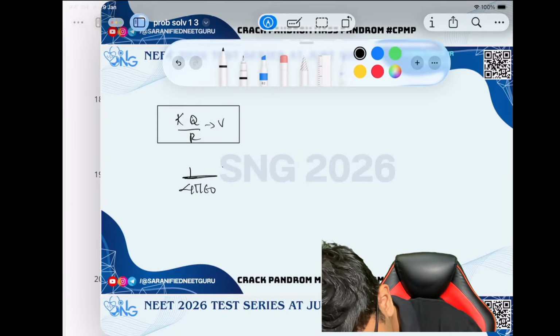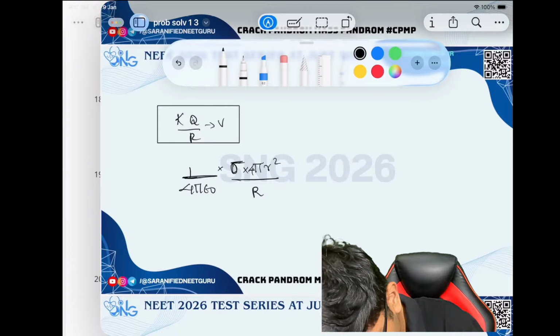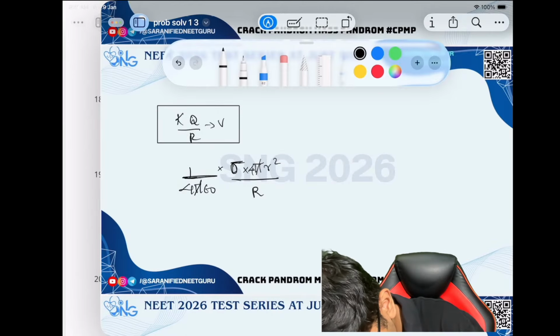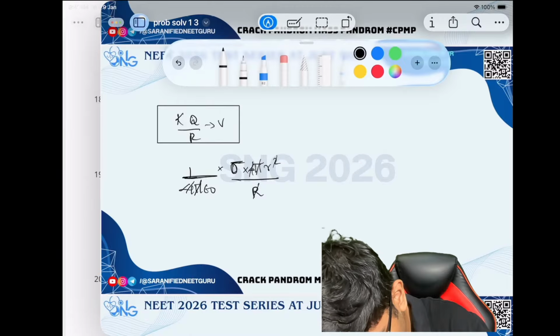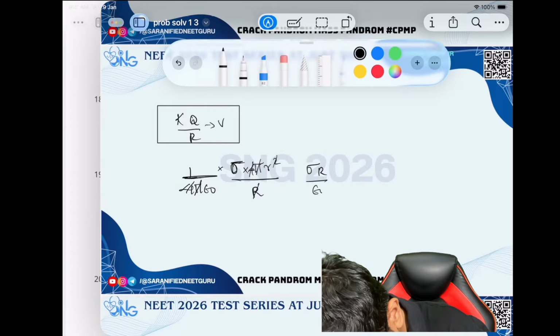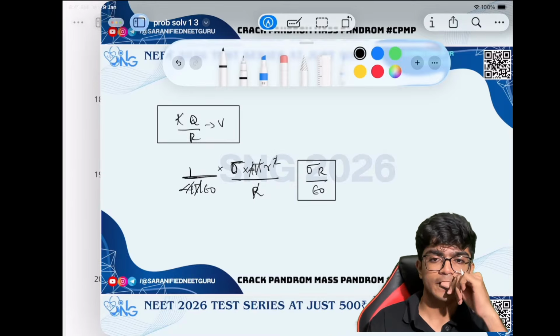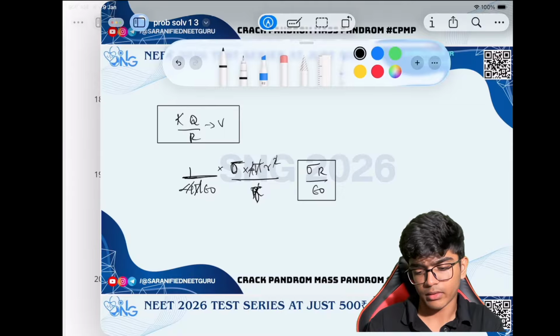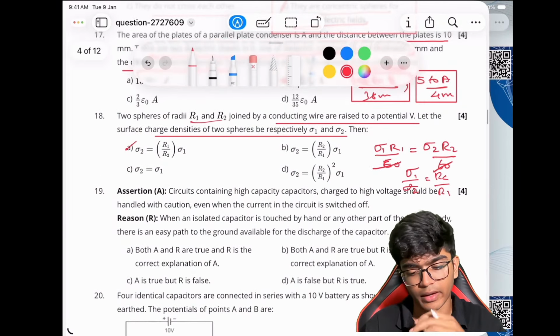Q is nothing but surface charge density into area, 4 pi R square. Surface charge density is sigma, so 4 pi R square sigma. So V is sigma R by epsilon naught. I hope this is clear. These radii are the same. Fine, clear. This is how we got this equation, and we compare the two to find the answer.